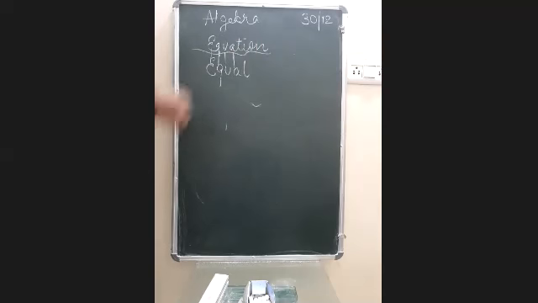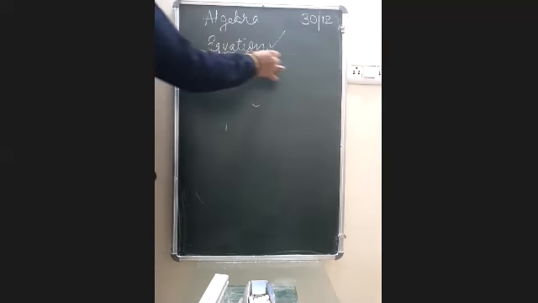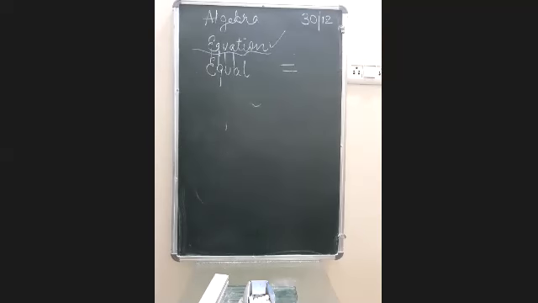So remember, whenever we talk about an equation, the sign of equal comes here. It is compulsory for an equation to have the sign of equal. That is the first thing.